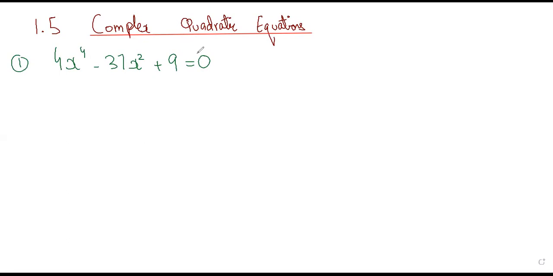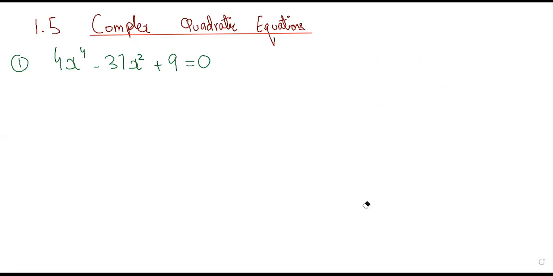For example, 2x plus y equals 1 is a linear equation. 2x equals 2 is a linear equation. 3x plus 1 equals 5 is a linear equation because the highest power of the variable here is 1. If we talk about quadratic equations, we know that the highest power of the variable is 2.